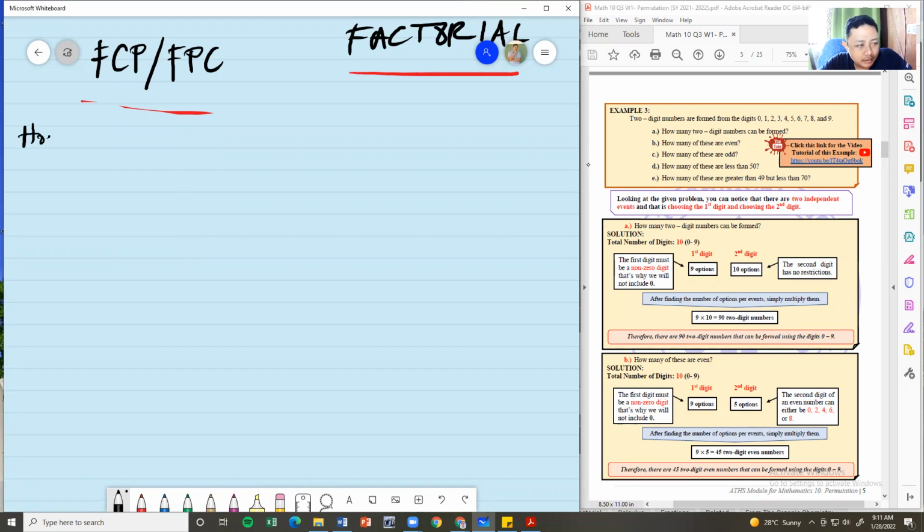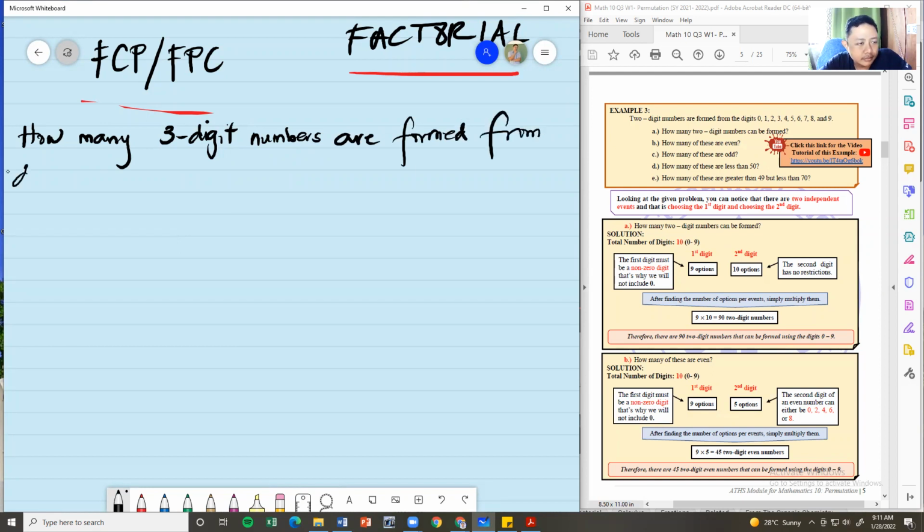How many 3-digit numbers are formed from digits 0, 1, 3, 5, 6, 7, 8? How many 3-digit numbers are formed from digits 0, 1, 3, 5, 6, 7, and 8?